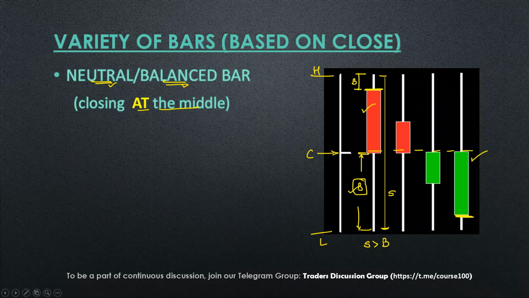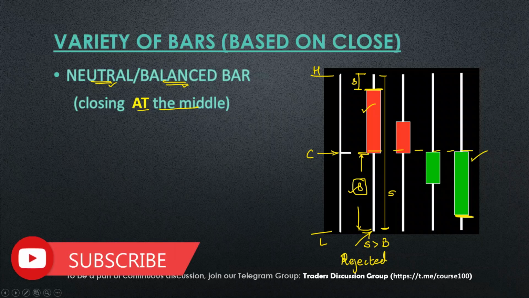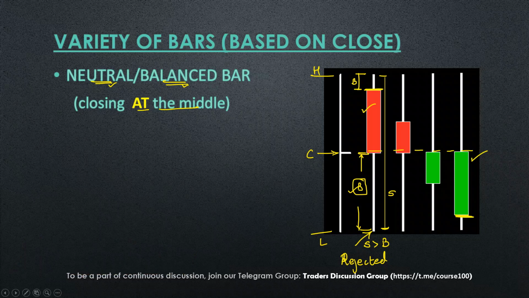In other words, my price may have got rejected from the lows. In that situation, you won't be able to clearly say whether my bulls are in control or my bears are in control. That's why this creates confusion. To avoid the confusion, we simply say it's a neutral bar or a balanced bar.